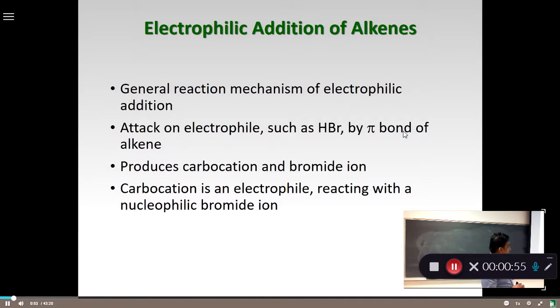We will talk about how the pi bond of the alkene attacks the electrophile, and the production of the carbocation as an intermediate. We will also talk about the carbocation being an electrophile and reacting with the remaining bromide ion in the mechanism. We will talk about these points in this lecture note.